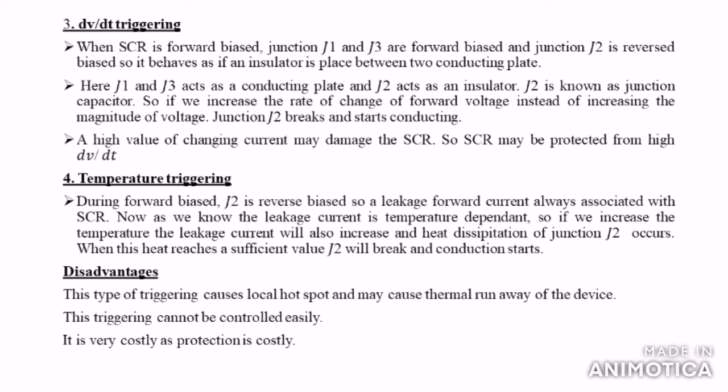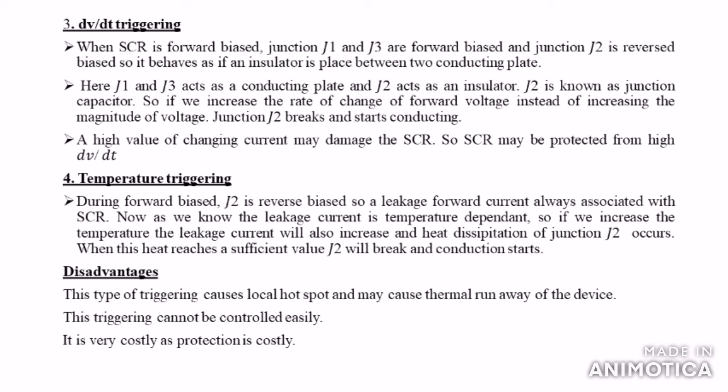So the temperature of the junction is increased under forward biased condition, and at one particular temperature the junction will break down, and hence an enormous amount of current will flow and the device will start conducting. This is called the temperature triggering method. We are applying heat to trigger the device.